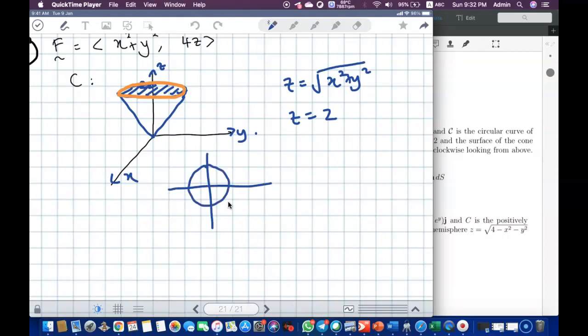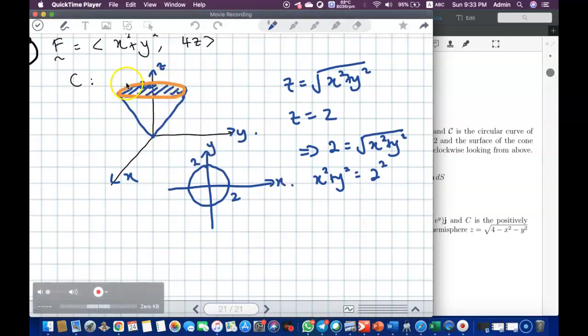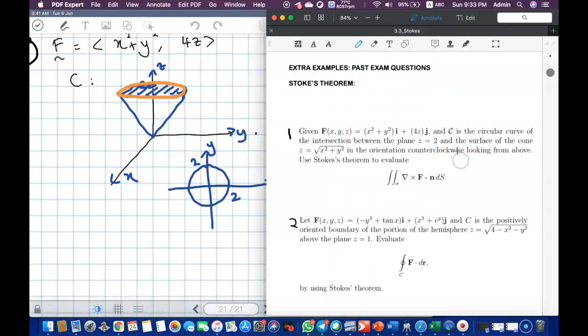When we obtain the intersection, we have 2 equal to the square root of x squared plus y squared, and then this will give you 4. So you have a circle with radius 2 on the xy plane. So now we know that C is a circle with radius 2, an intersection between the cone and z equal to 2.